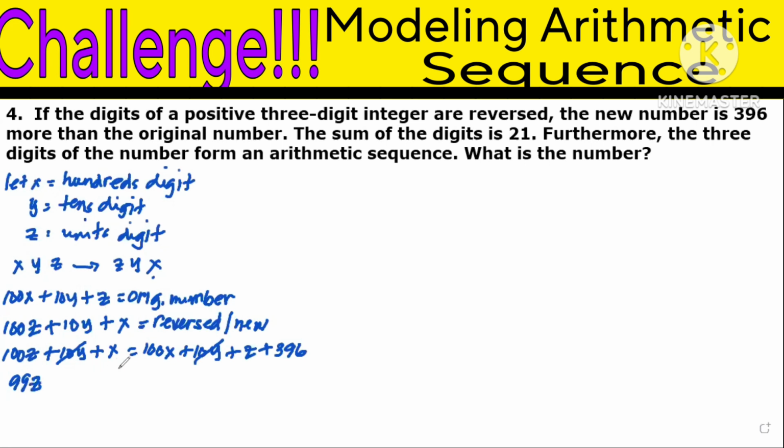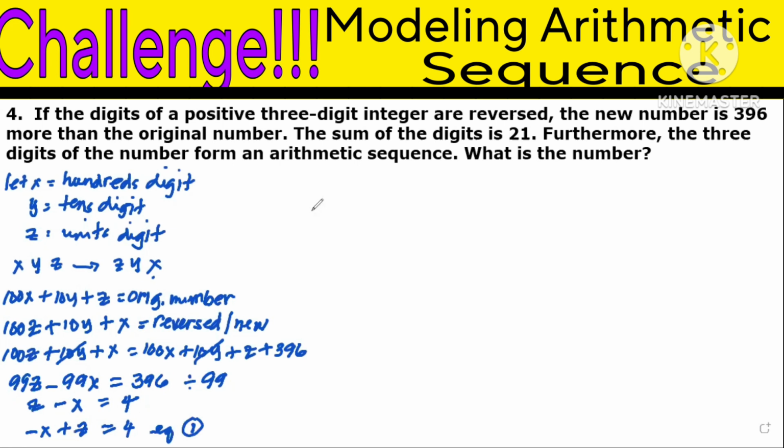Diretso na natin, no? For x, we have x minus 100x is negative 99x, equal to 396. Now, notice that we can divide each term by 99. So what do we get? We have z minus x is equal to 4, or, rearranging the variables, minus x plus z is equal to 4. So this will serve as our equation 1.